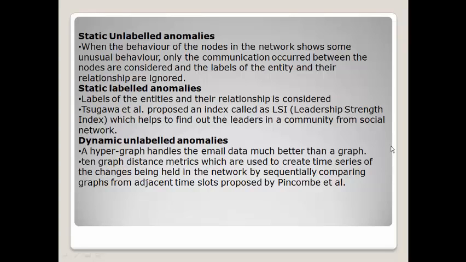In static labeled anomalies, we consider the labels true. One researcher has proposed a technique called LSI, Leadership Strength Index, in which we focus on the leaders in the community to detect the behavior of the network.